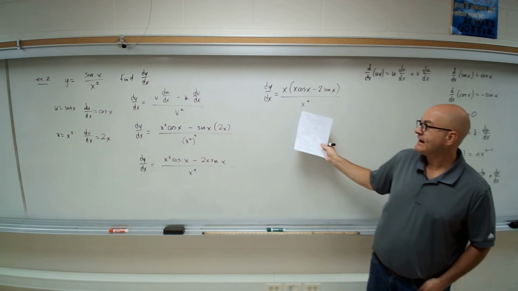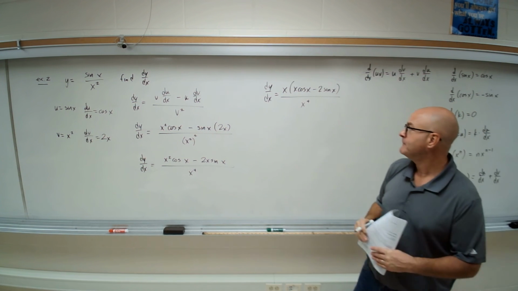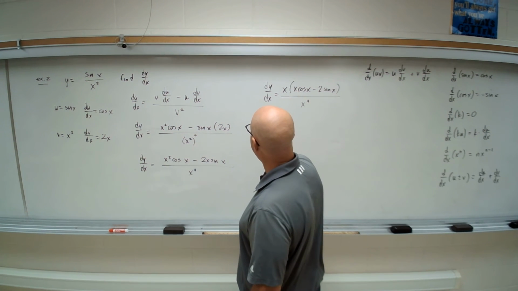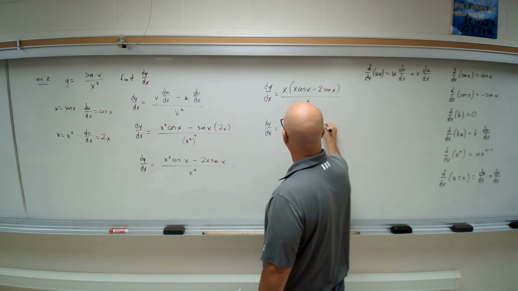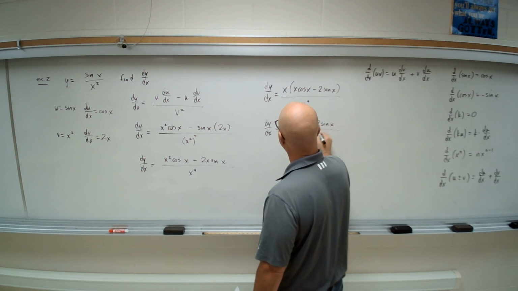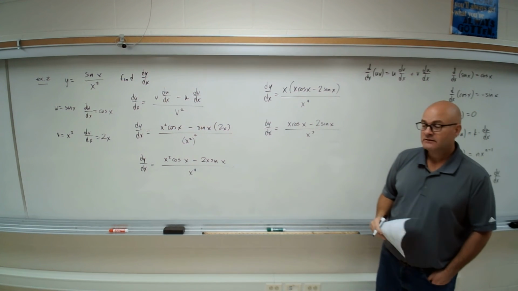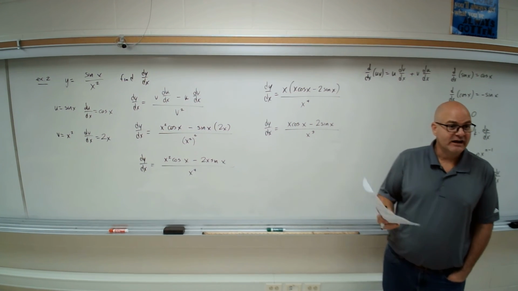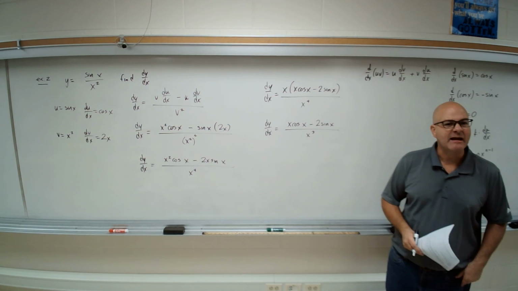Then can I go ahead and cancel these x's? Well, an x on top and one from the bottom. And that gives us dy over dx is x cosine x minus 2 sine x over x cubed, which is exactly what you had on your warm-up. I think we might have had the negative first, but it's the same thing.